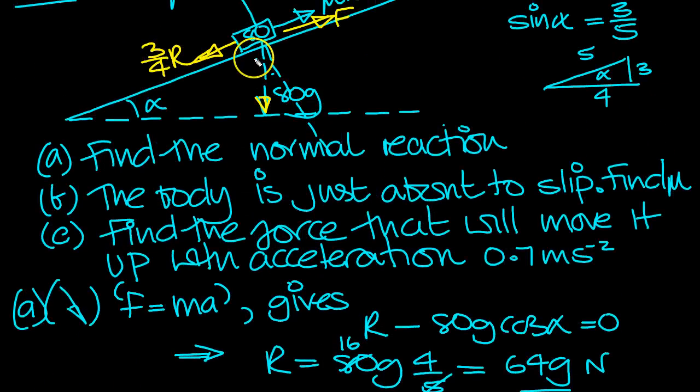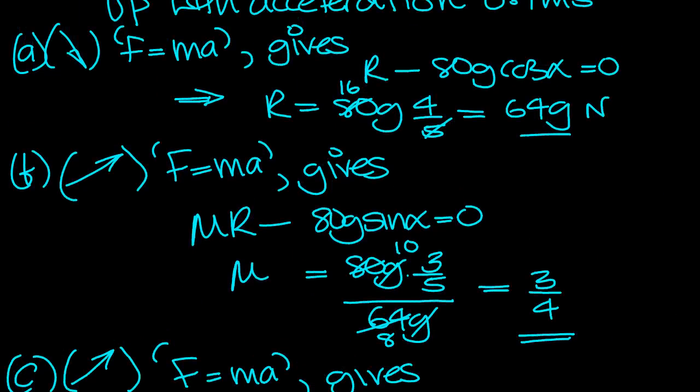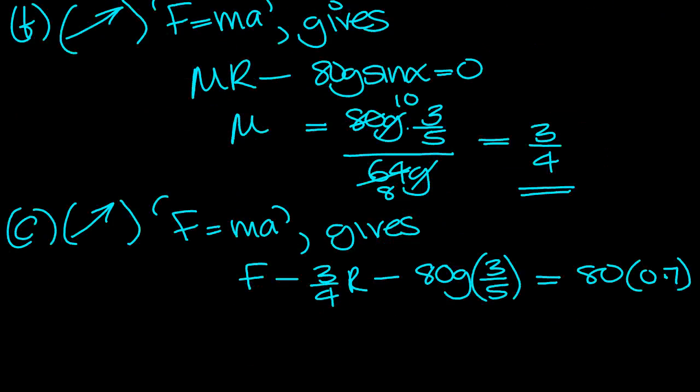It's 80g cos of this, which is sine of this, 80g times 3/5. F equals the mass, 80, times the acceleration, which we were told in the question, let's just go back and check, is 0.7. There. So there's our equation then.